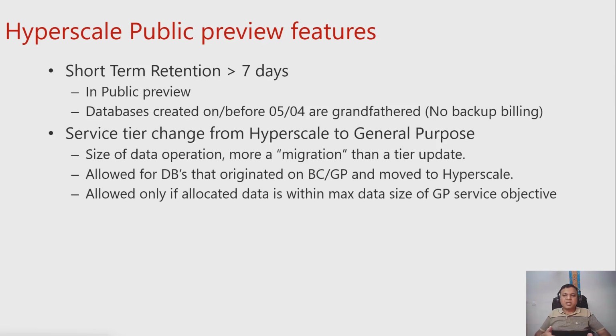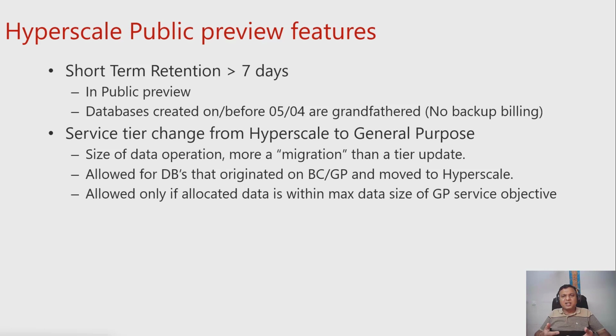One other thing which customers asked us very frequently is: if we migrate a database from a BC or business critical tier or a general purpose tier to hyperscale, is there any option for us to come back from hyperscale for some reason? The feature which is there is called reverse migration.